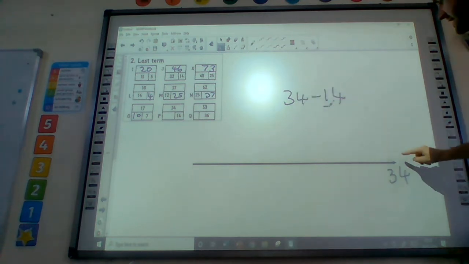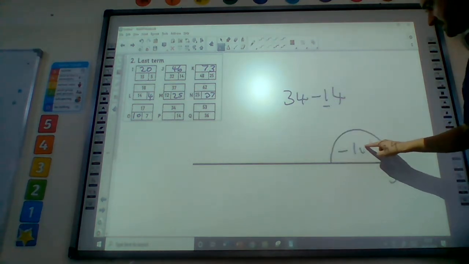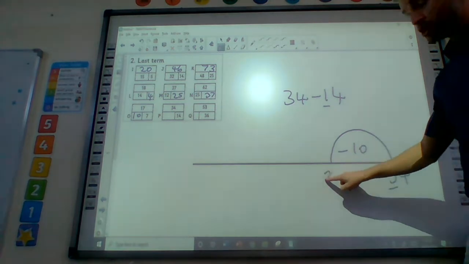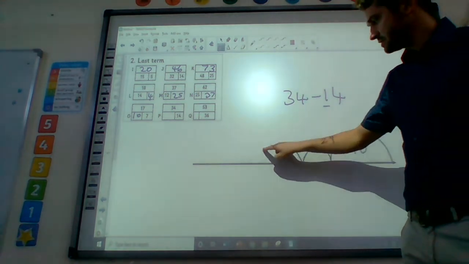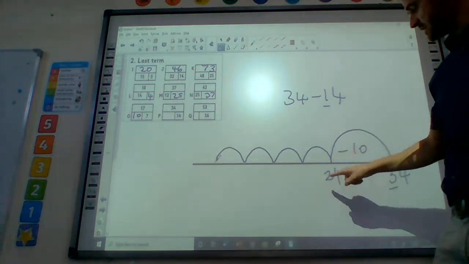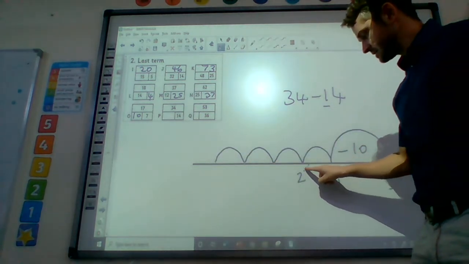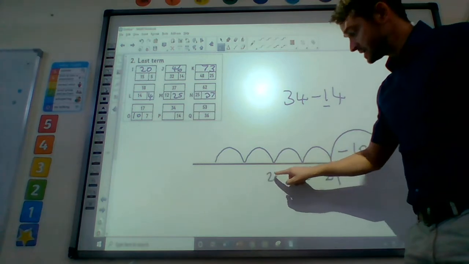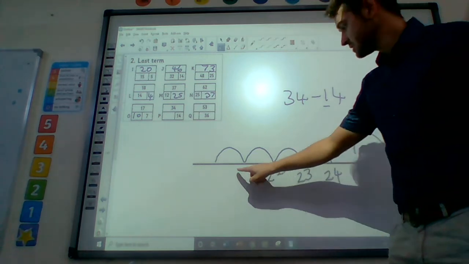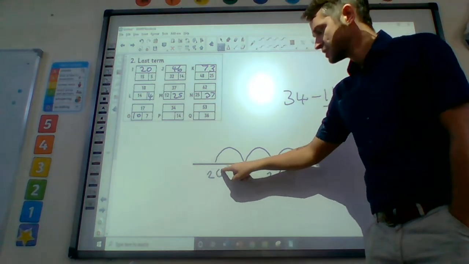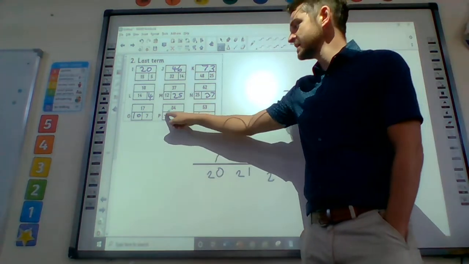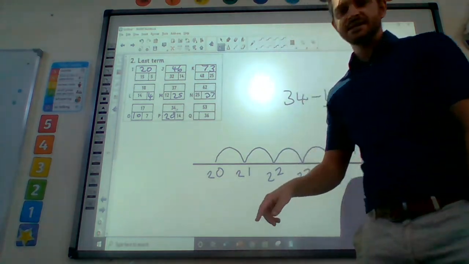That's 1 jump of 10. 34, 24. And now 4 jumps of 1. 1, 2, 3, 4. Count with me. 24, 23, 22, 21, 20. Answer to P is 20.